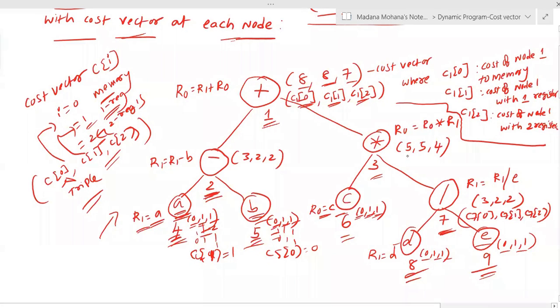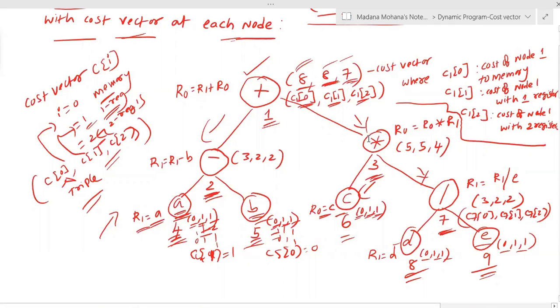Similarly for node 3 you can use node 7 and node 6 in the same fashion, that is C3 of 0, C3 of 1, C3 of 2. Then node 2 we already demonstrated. Then finally the root is obtained in a similar fashion using node 2 and node 3. The same formula can be applied recursively. So this is the root cost vector: with memory 8, with 1 register 8, with 2 registers 7, that we will get here.